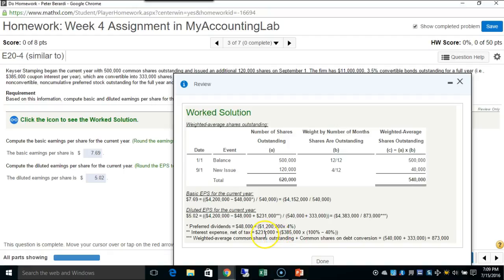So the $231,000 gets added to the numerator of your basic earnings per share. You divide that by the 540,000 basic shares, and you simply add 100% of the 333,000 convertible shares to get to $5.02.